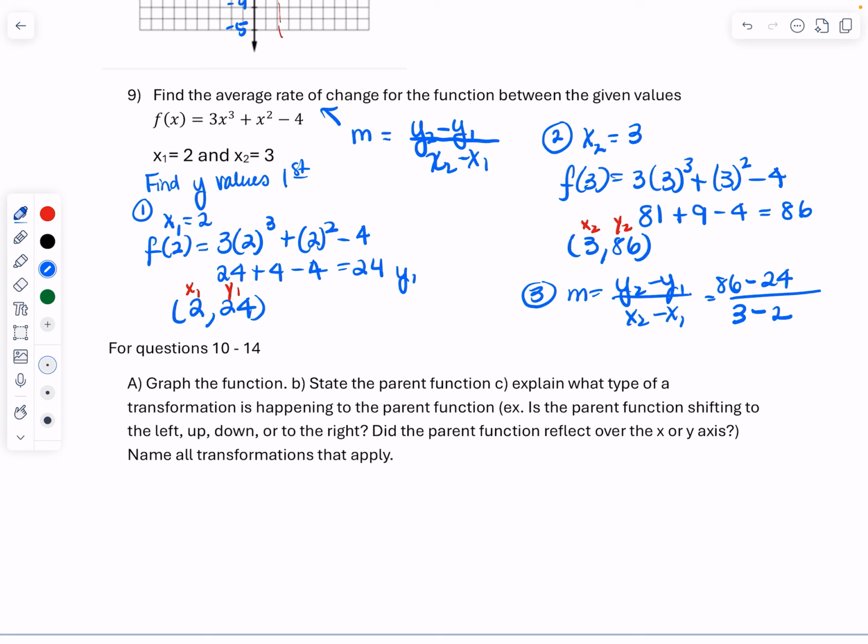Alright, so when I subtract those in the numerator, I'm going to get 62. I'm just double checking, make sure I don't make a mistake. And 3 minus 2 is 1. So the rate of change is positive 62. Alright. So that's how I do question number 9.